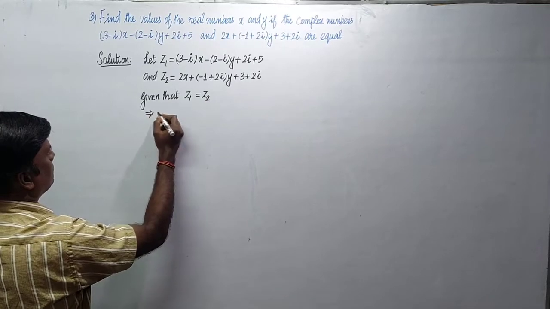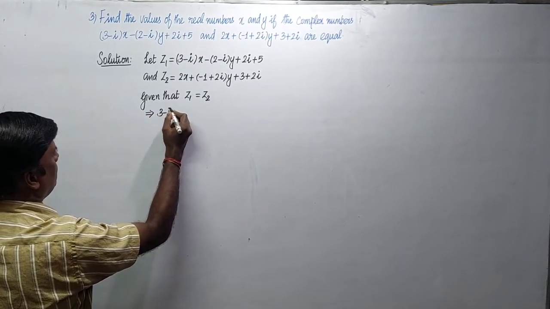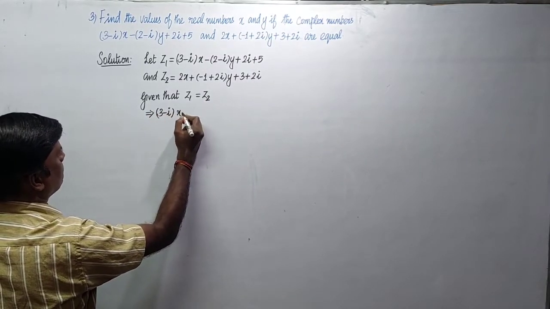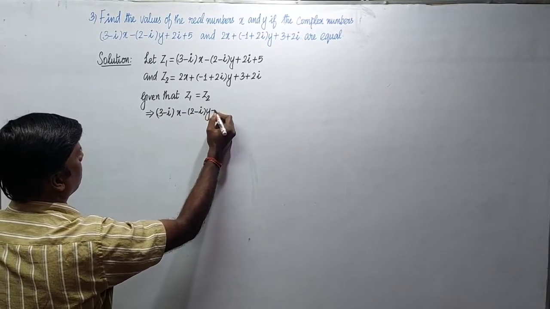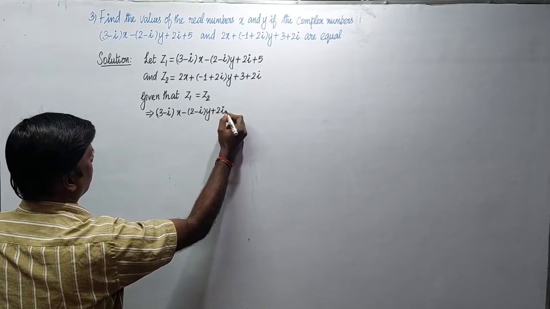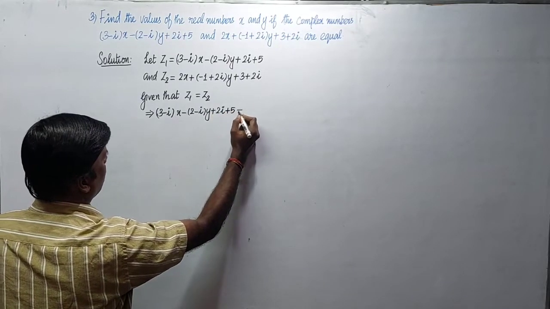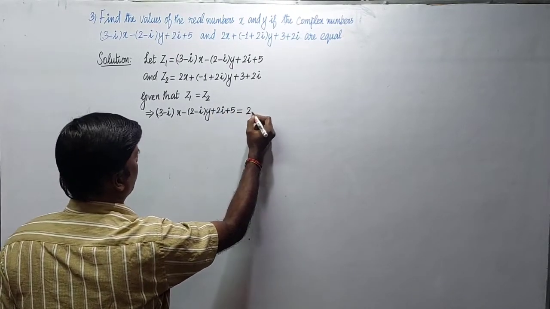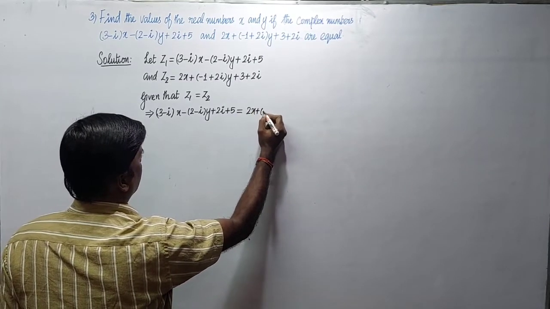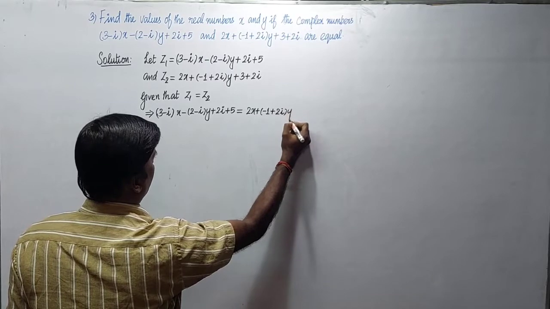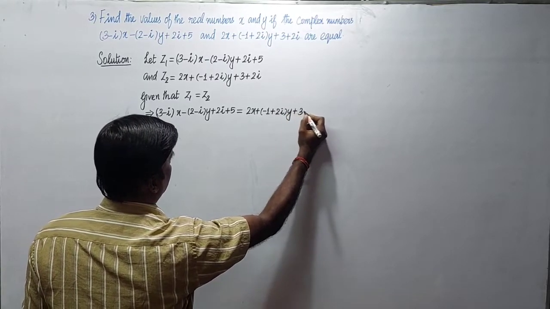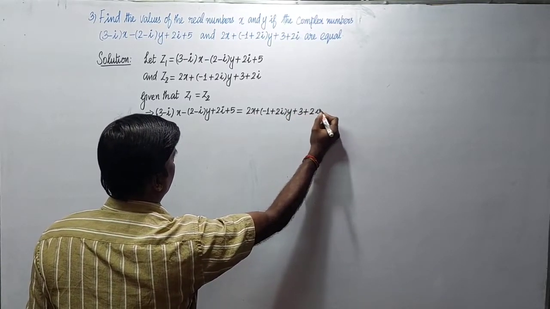So this gives (3 minus i)x minus (2 minus i)y plus 2i plus 5 is equal to 2x plus (minus 1 plus 2i)y plus 3 plus 2i.